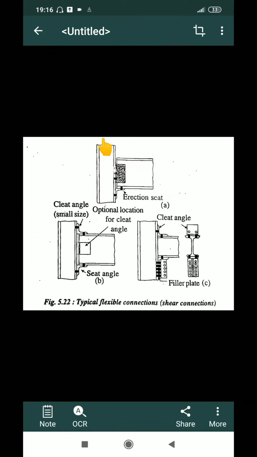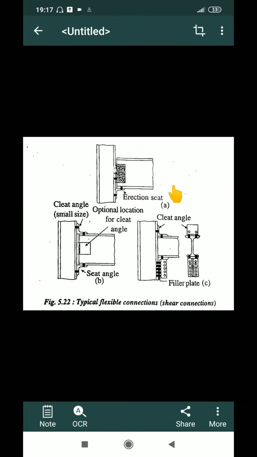In a flexible connection, there will be a column. You are looking at an I section or H section, you can say. This is the flange thickness of one of the flanges. This is another flange thickness, and this is the web of the column. You are looking from the front side, and this is a beam where this is one flange and this is another flange.